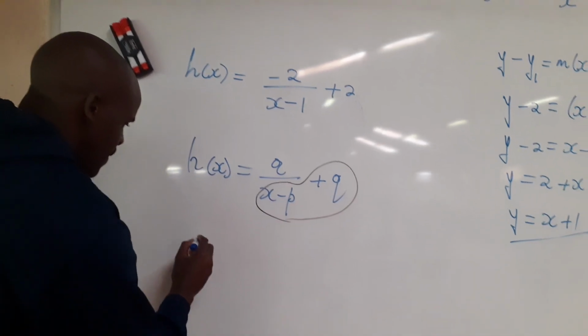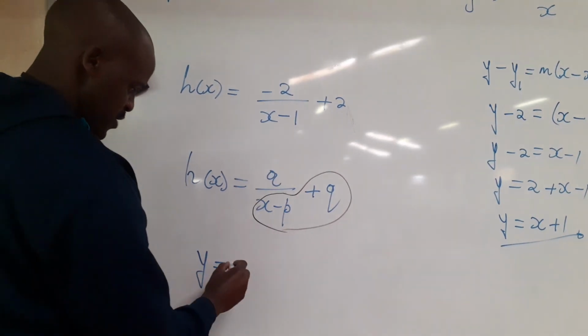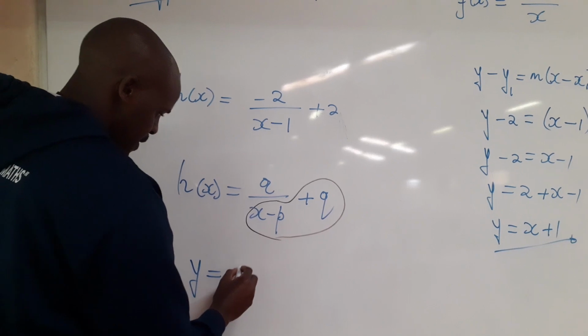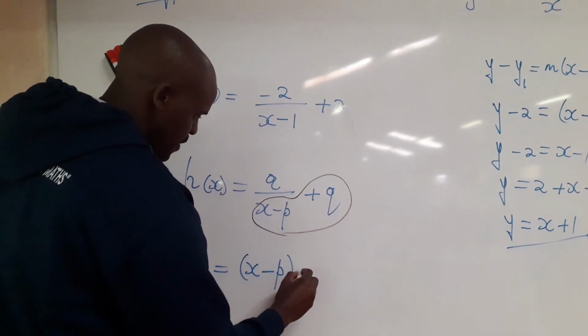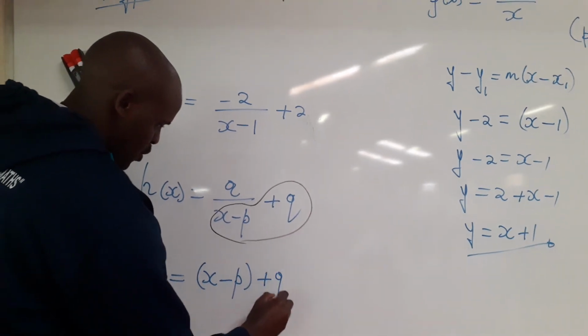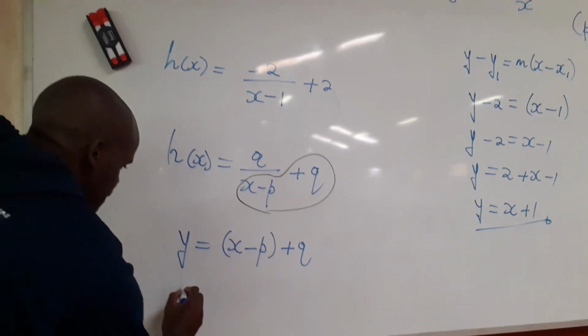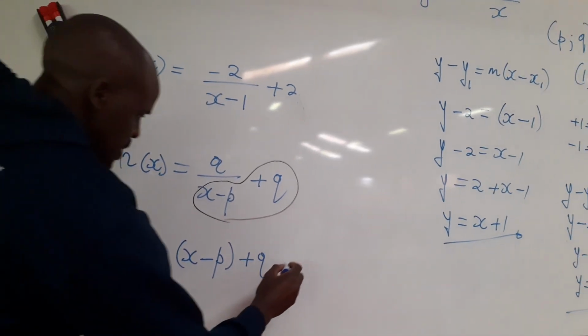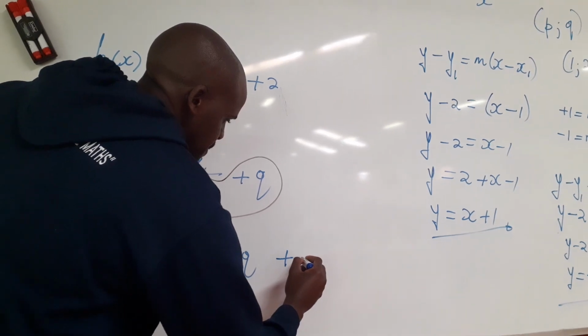Therefore, the equation for the axis of symmetry will be given by y equals x minus p plus q. Remember, this is a positive gradient.